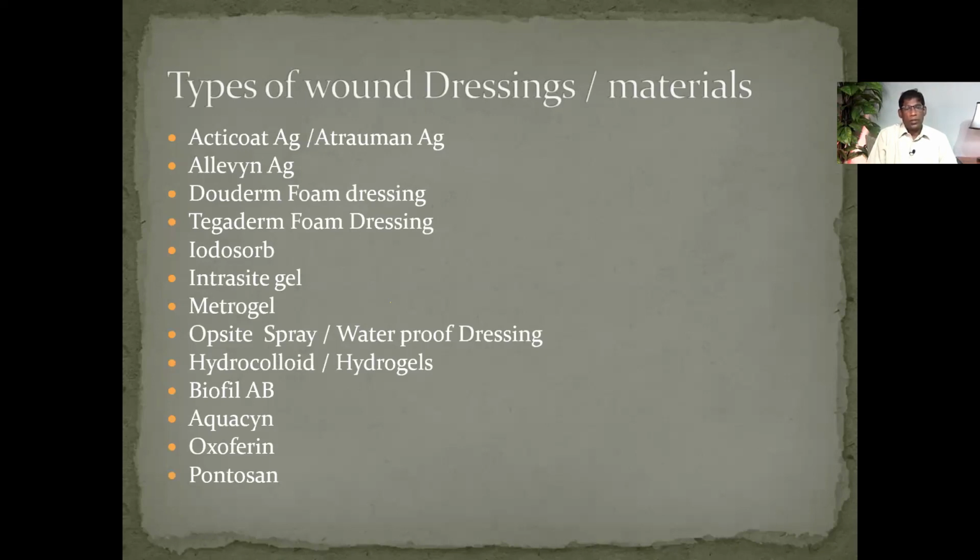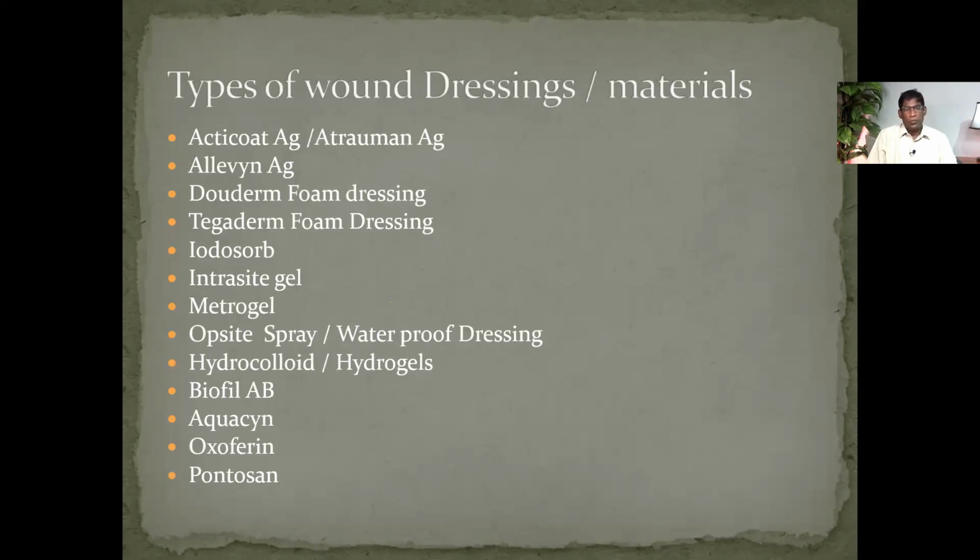Intrasite gel is where you need some desloughing to occur. Idasoap can be used in large wounds, where you just spray the powder equally on the wound.